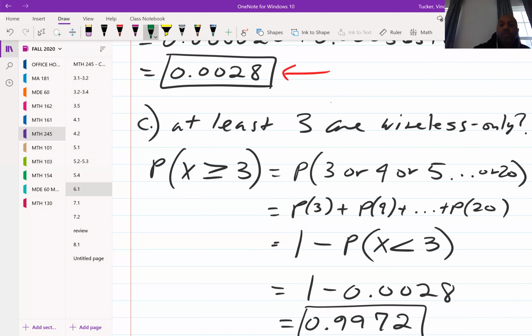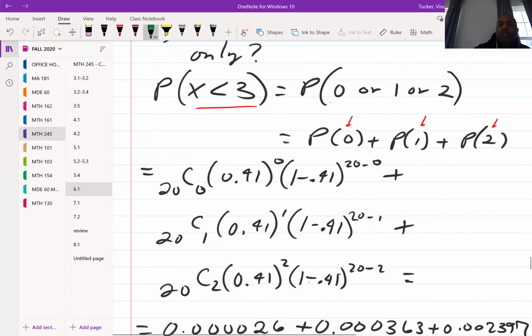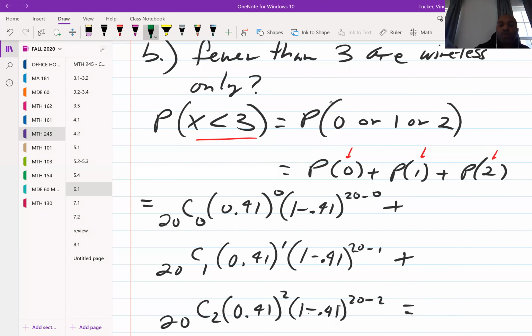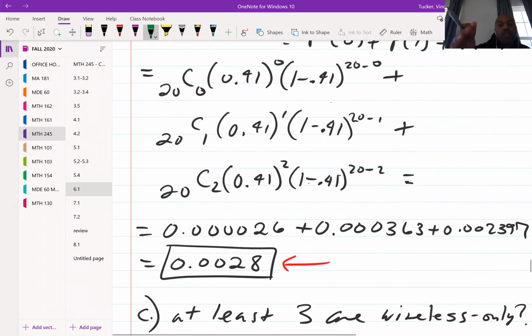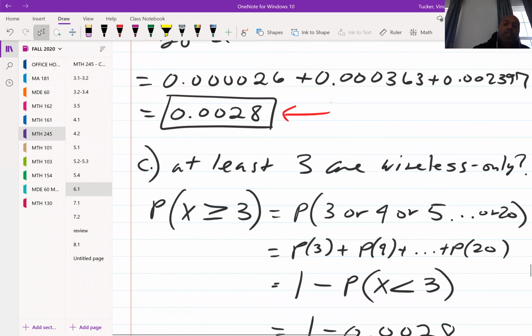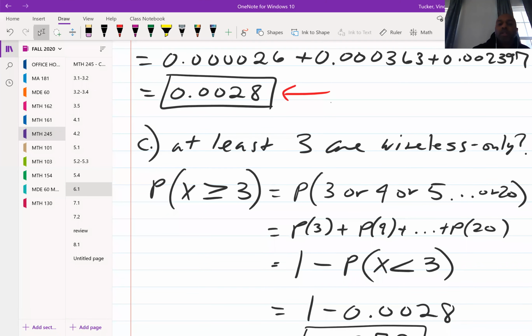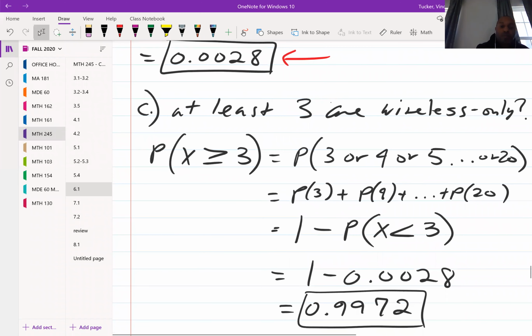That means if you remember what we did last time, we did the probability of 0, probability of 1, and probability of 2, each one of them individually. So we don't want to have to do that if we don't have to. So don't forget your complement rule. Since we know the probability of less than 3, we can subtract that from 1 to find the probability of at least 3. So that's what we did here.